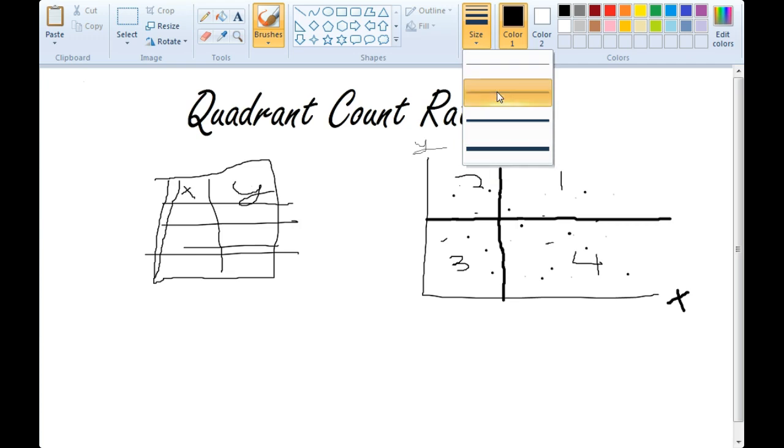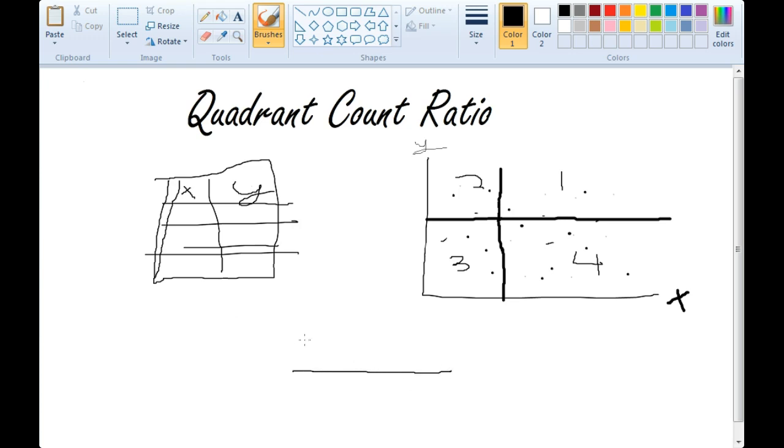So, while you're making quadrants, what you do is, this might sound confusing when you first start.